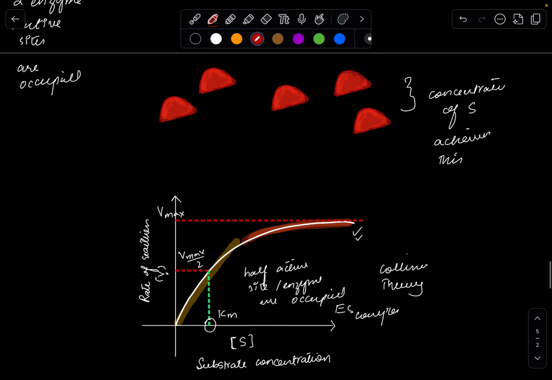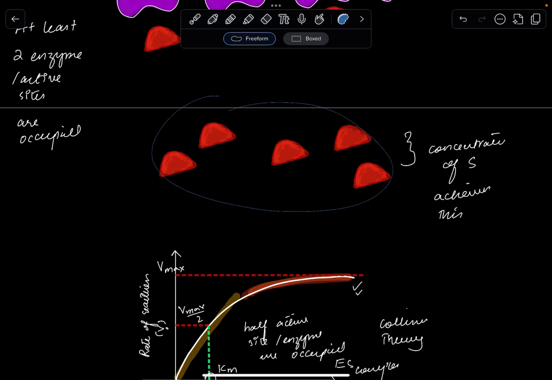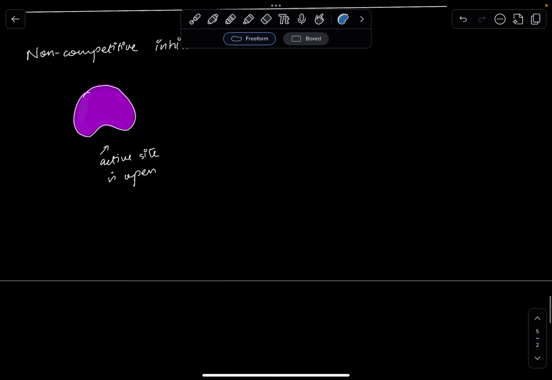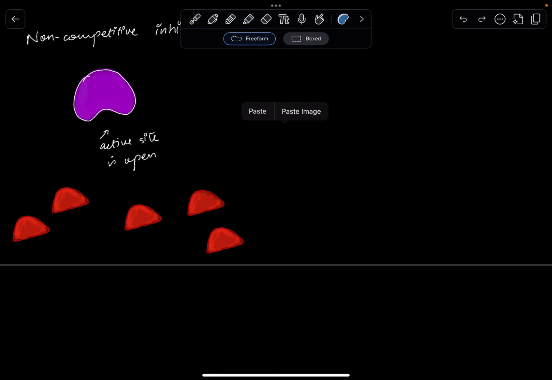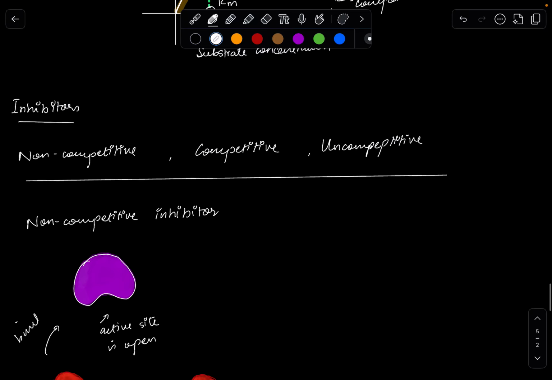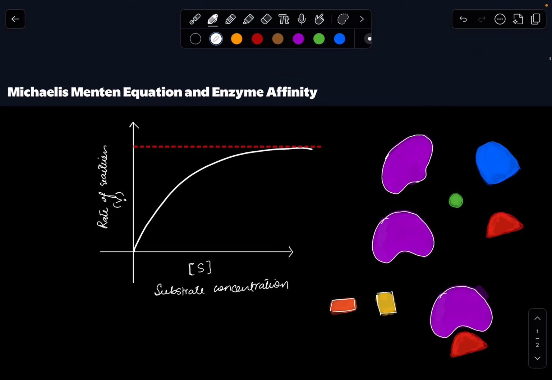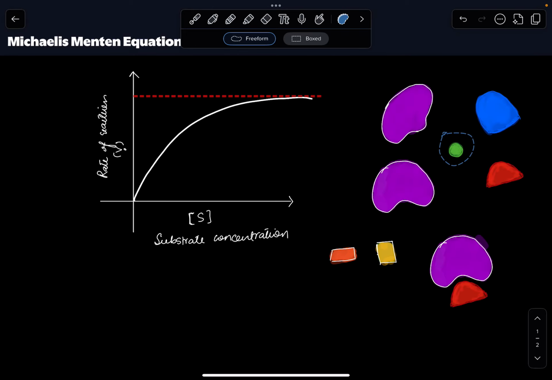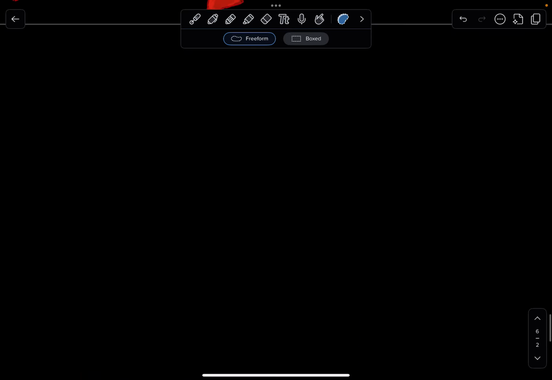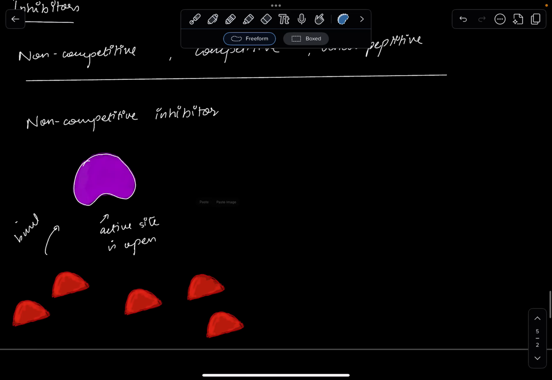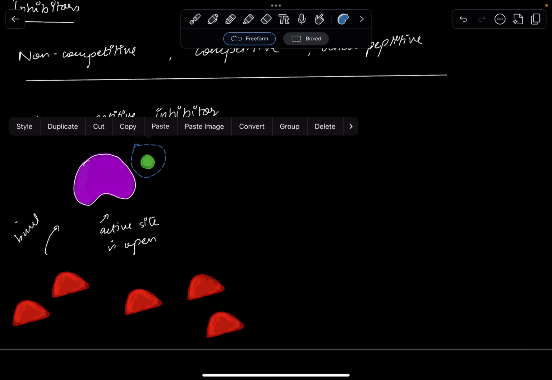So a substrate like this can bind to the active site. But what happens is that we'll have this inhibitor, which could be a protein, which could be a chemical, bind to some other site on the enzyme.